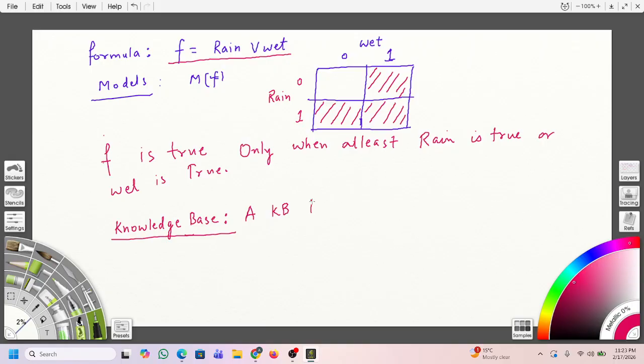A KB is a set of formulas representing their conjunction, and conjunction is also said as intersection.